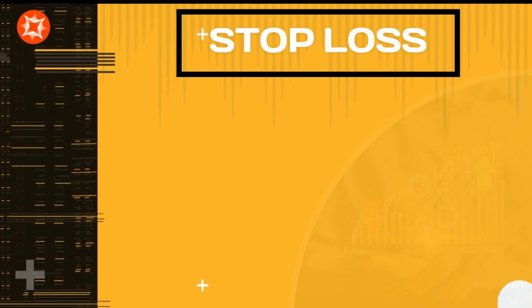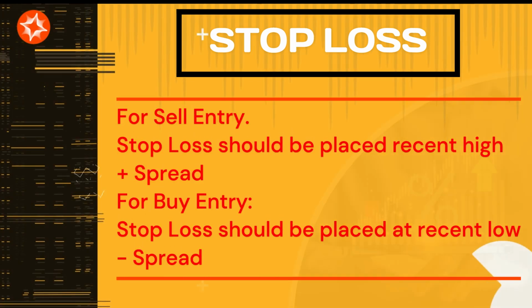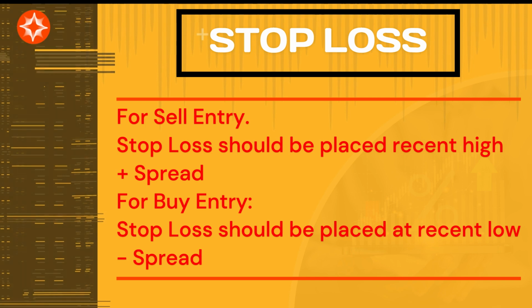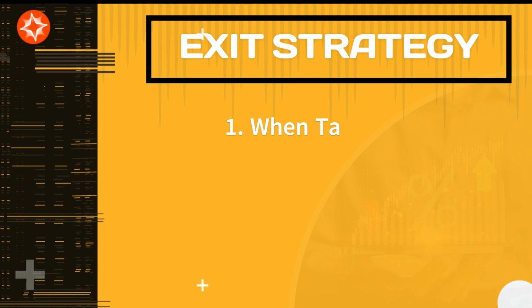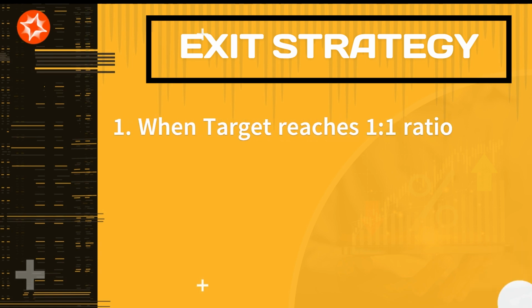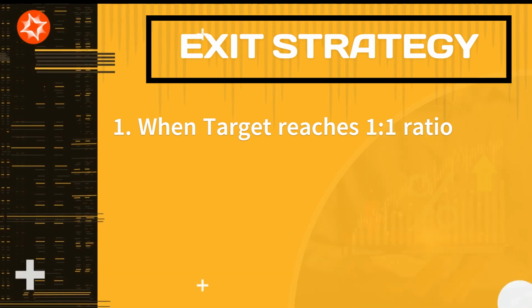For sell entry, stop loss should be placed at the recent high plus the ask bid spread. For buy entry, stop loss should be placed at the recent low minus the ask bid spread. Exit strategy. We wait until our target reaches a 1/1 ratio, where we close the entry.